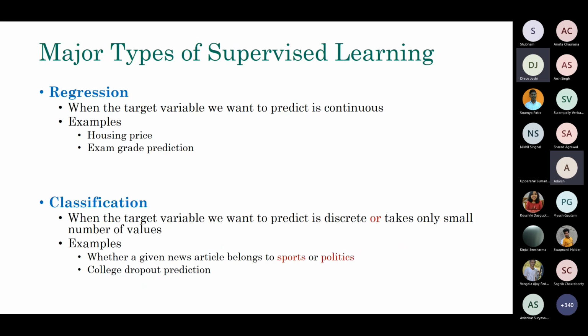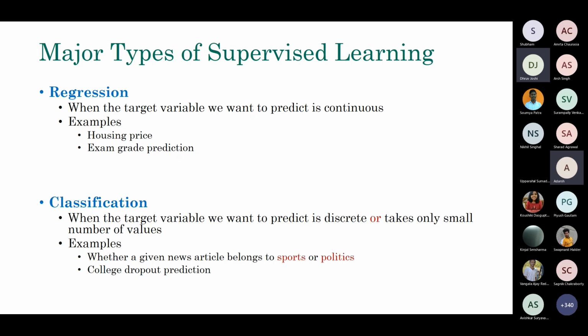Broadly, there are two major types of supervised learning: regression and classification. When the target variable you want to predict is continuous in nature, or is very large in numbers, for example in the thousands or millions, you can use regression.